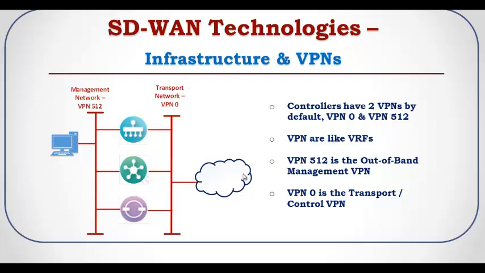But this one is out of band because it is using just the internet, the underlay, not the overlay. It is using the underlay to get the SSH session with the edge device or with the vBond or vManage or vSmart. So it is out of band.